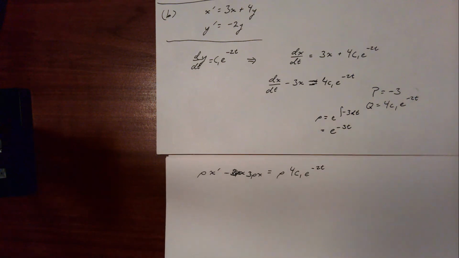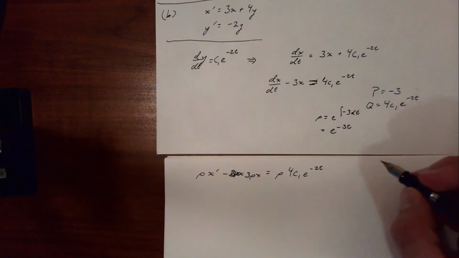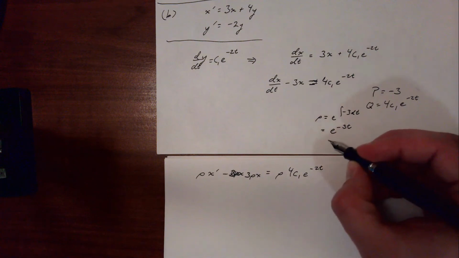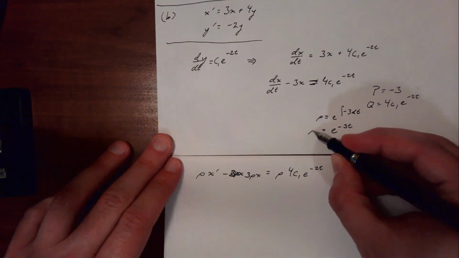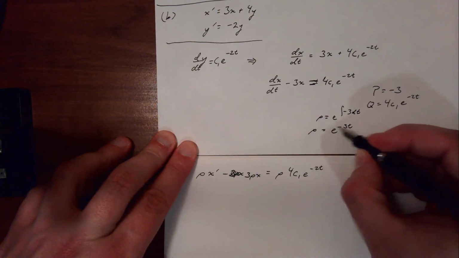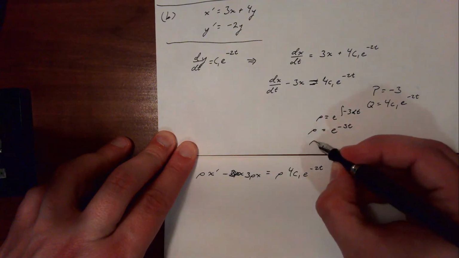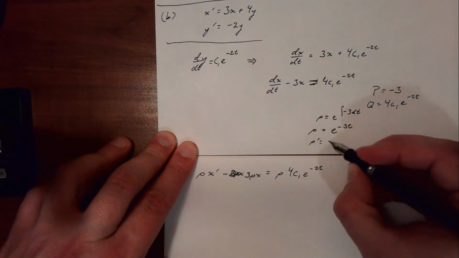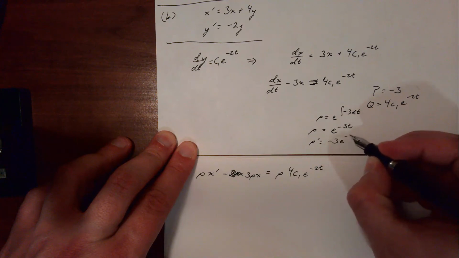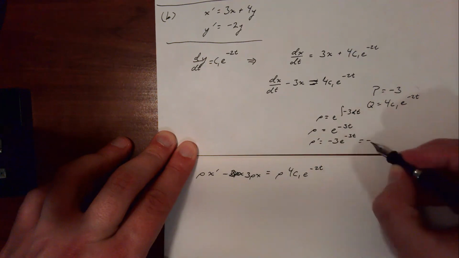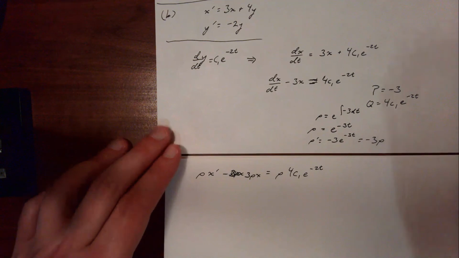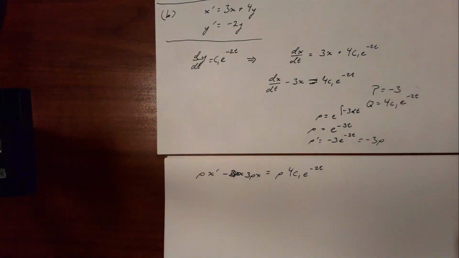But let's remember here, rho is something specific. Rho here is equal to e to the negative 3t, which means, by the way, for the record, rho prime is negative 3e to the negative 3t, in other words, negative 3 rho, which is, of course, always the purpose of the integrating factor. We always want the derivative of the integrating factor to be equal to p times the integrating factor.